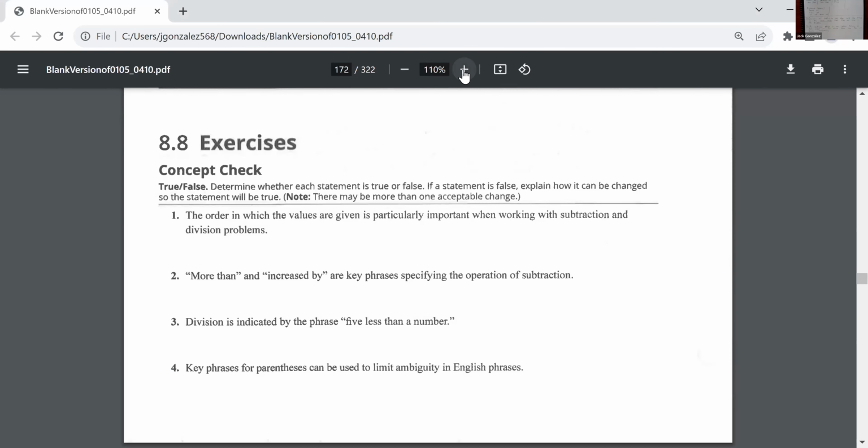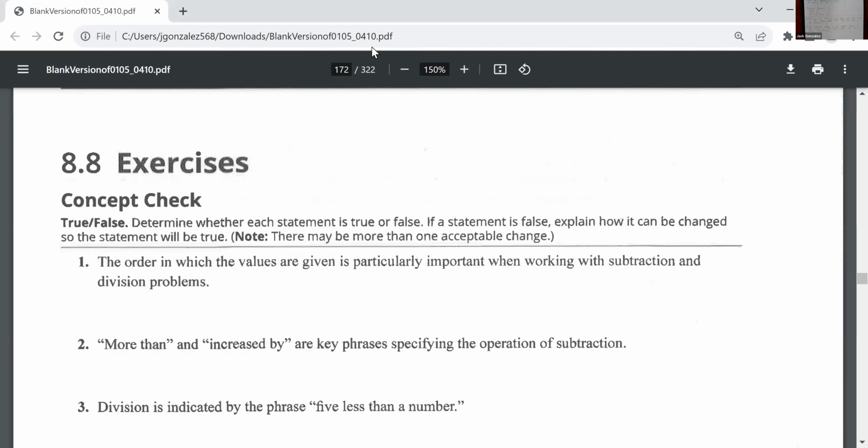Order is important, right? When it's divided up as a fraction, if you flip them, you might get a negative or different answer. Order is important.